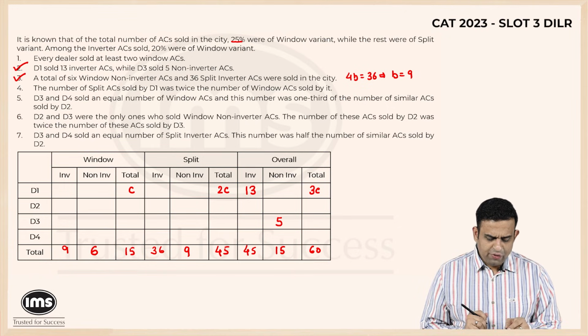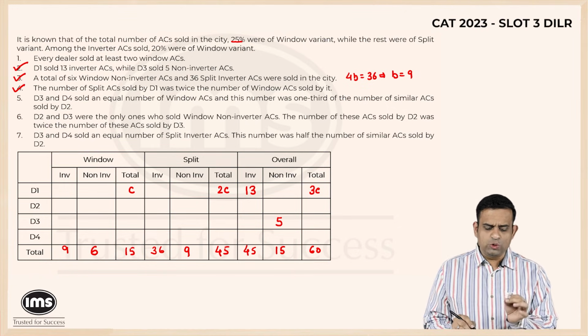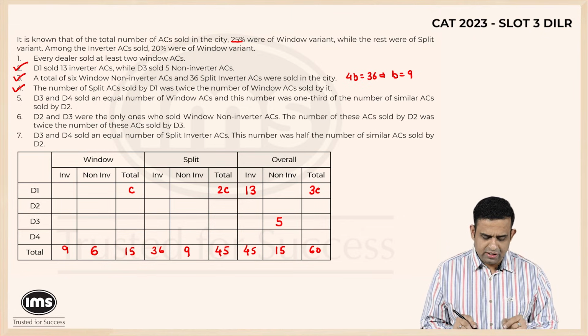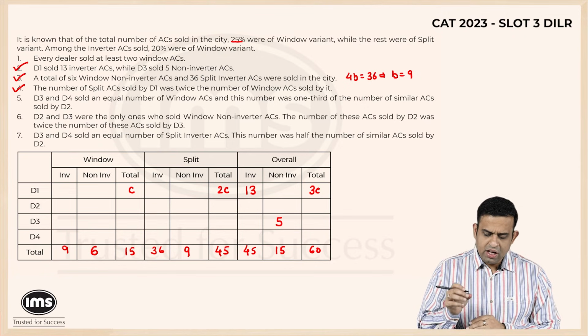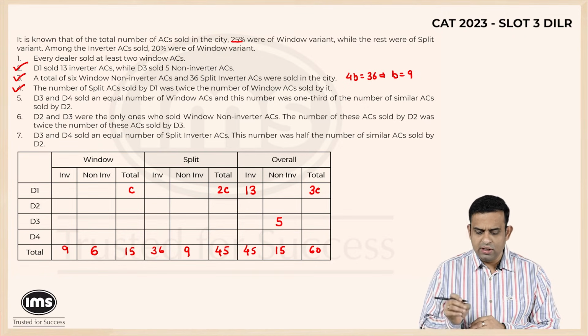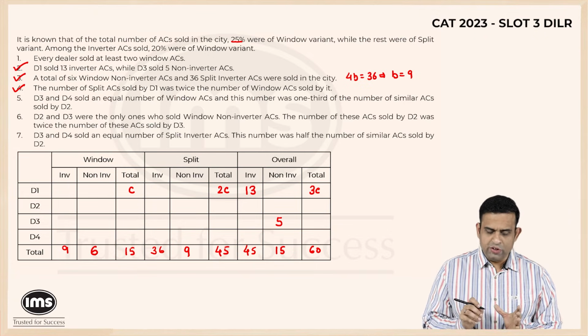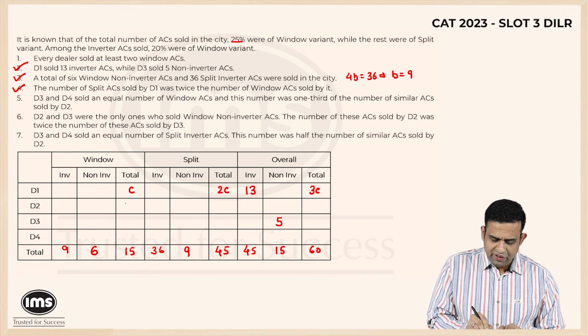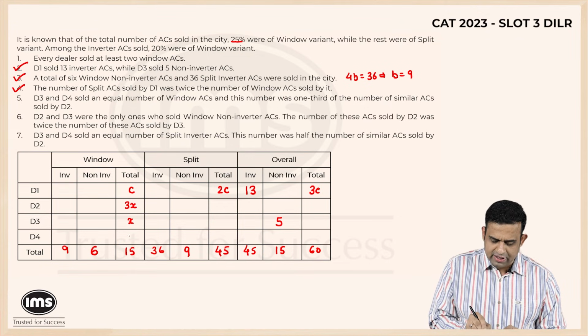Going ahead, point number 5 says D3 and D4 sold an equal number of window AC, and this number was 1/3 of the number of window AC sold by D2. So if I assume the window AC sold by D2 is 3x, then D3 and D4 are going to sell x and x.